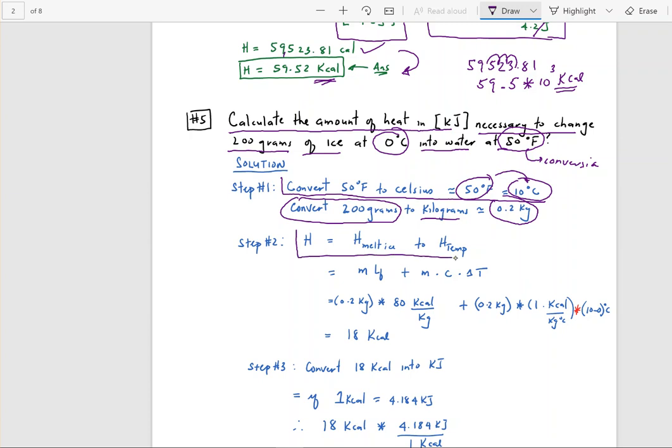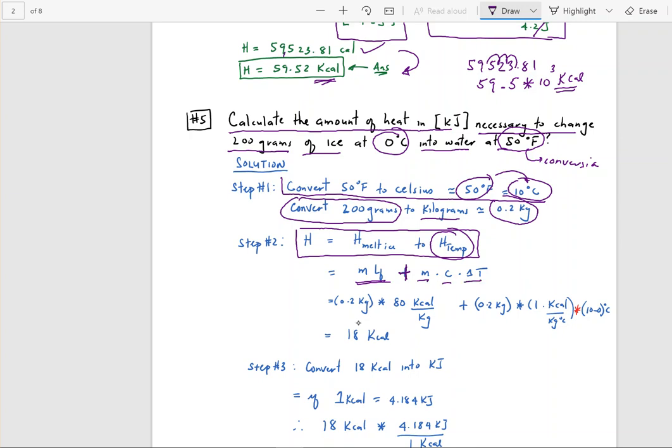The equation would be the actual heat energy to melt the ice, and then also the temperature change that's going to be needed. So the equation gives us the mass times the latent heat of fusion plus our mass times our C times our change in temperature.